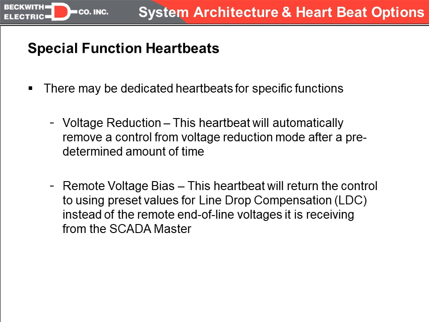But again, if SCADA loses communication with either the regulator control or the downline sensor, the control will be getting a stale value, and we don't want that. So we would have a separate heartbeat that gets initialized every time SCADA writes the new end-of-line voltage value into a register. And if we go so long without seeing that, we'll come out of heartbeat and go back to using our general line drop compensation settings.